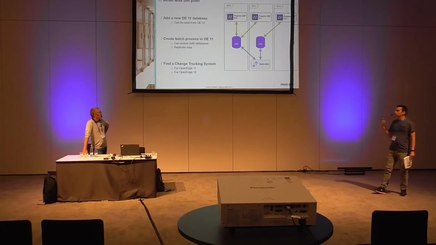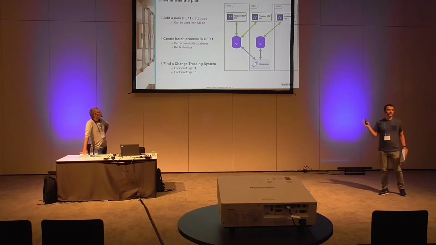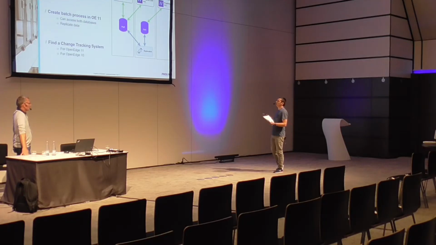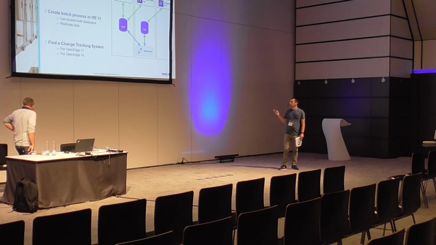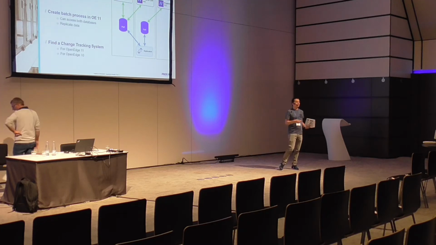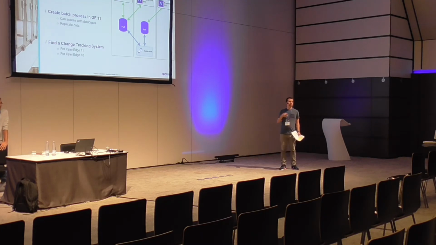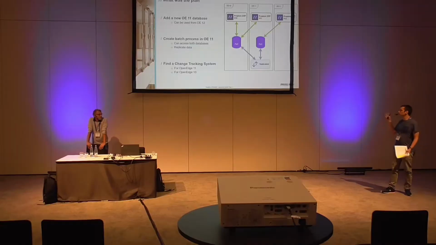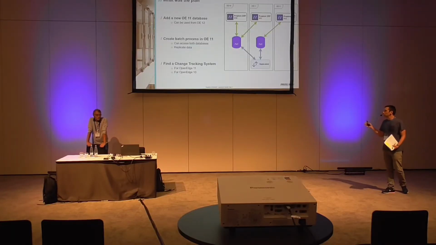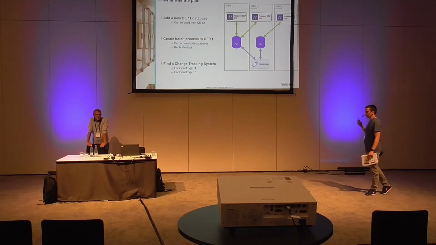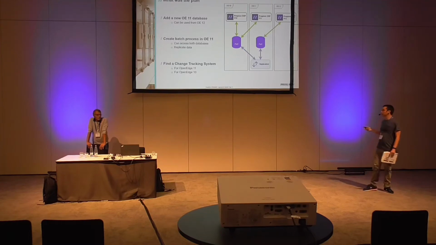Then we have to create a batch process in OpenEdge 11 that can access both databases, OpenEdge 10 and OpenEdge 11, and this process can replicate data and records between both databases. The last step is to find change tracking tools that can tell us which records need to be replicated from one database to the other.